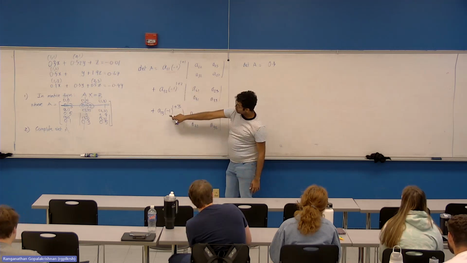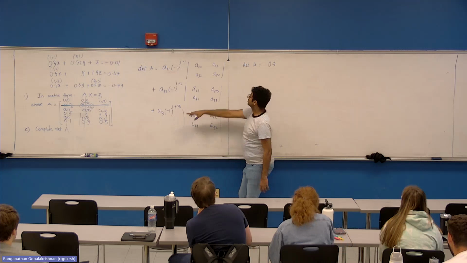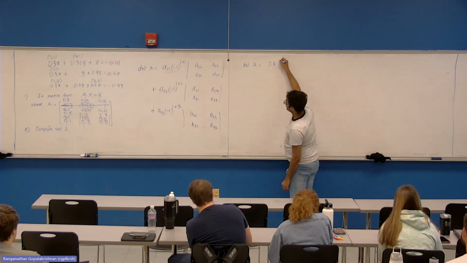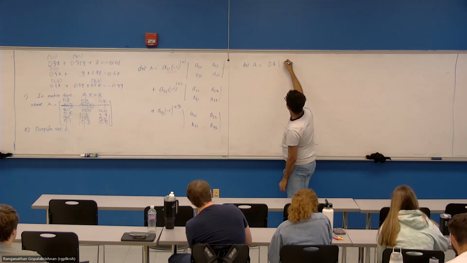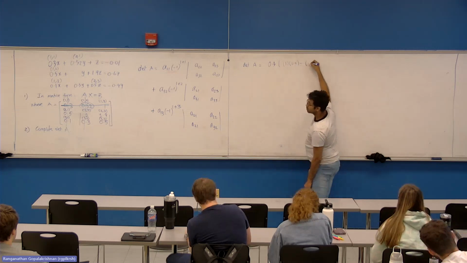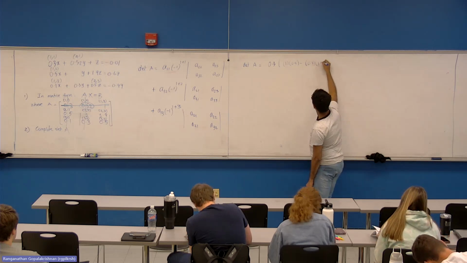And the third term is minus 1 raised to the power 1 plus 3, which makes this plus 1. So it will be alternating plus and minus. So 0.3 multiplied by 1 times 0.5 minus 0.3 times 1.9.